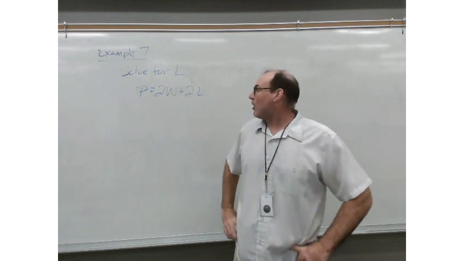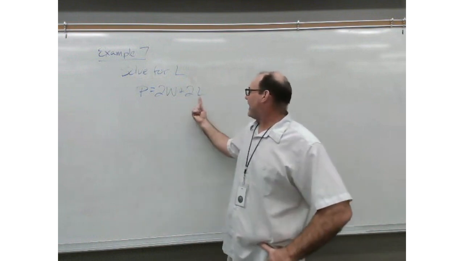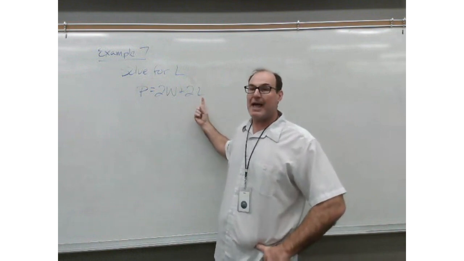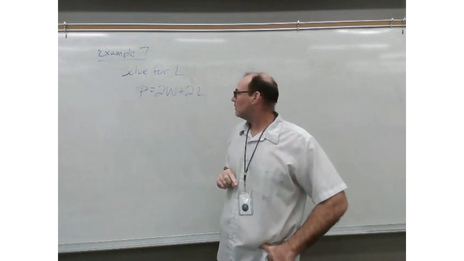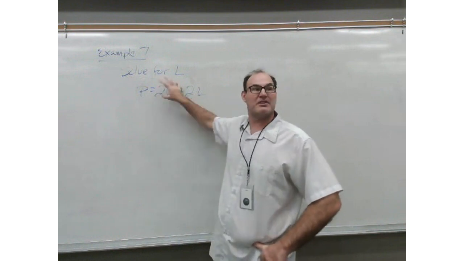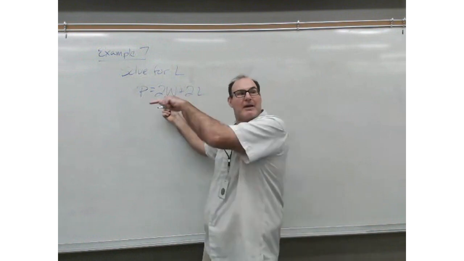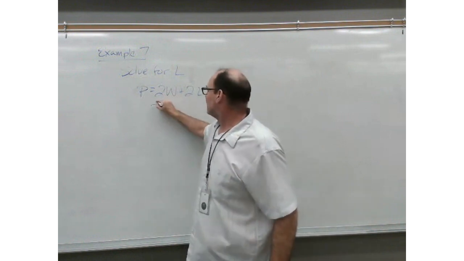All right, so we're asked to solve this for L. So here's my L right over here. What's the first thing that I need to move in order to get closer to the L being by itself? Yeah, this 2W does nothing for me, so I'm going to move it first. And so since this is a positive 2W, how am I going to get it over there? Just subtract it.